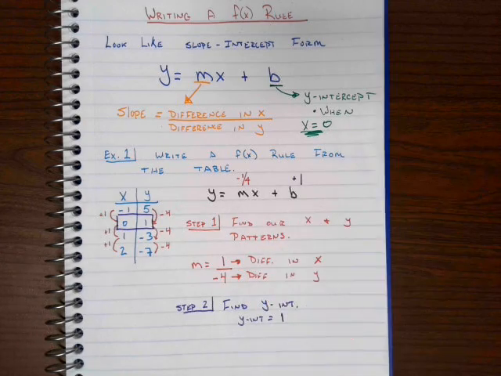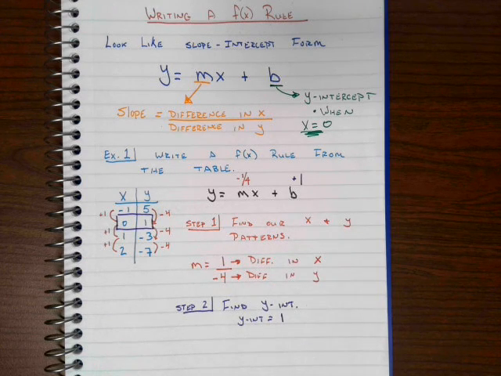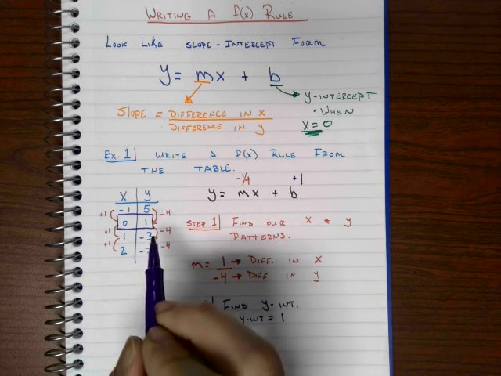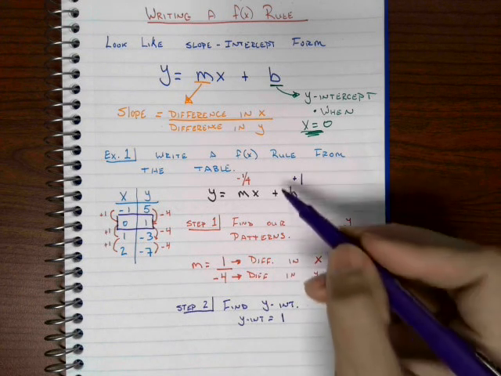And here's why I write positive 1. Okay, this will not always be a plus sign. All right, if my y term was a negative, then it would be minus whatever that number is. Okay, but it's a positive, so it's going to be plus 1.